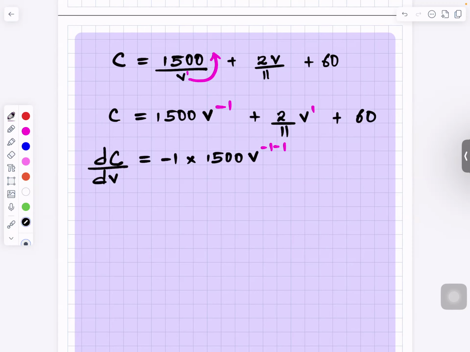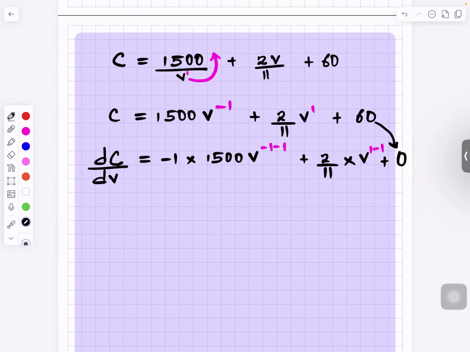You subtract 1 from the power. Plus 2 over 11 times, when you differentiate V to the power 1, V to the power 1 minus 1. Plus, when you differentiate 60, you get 0.